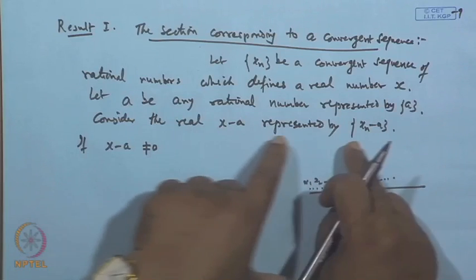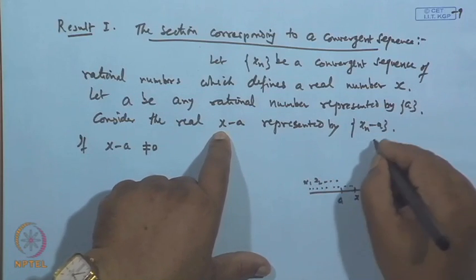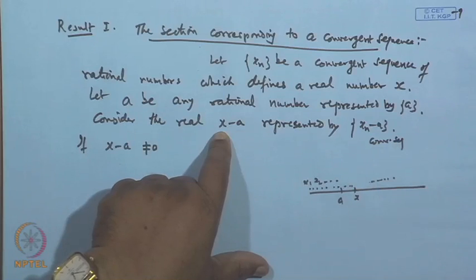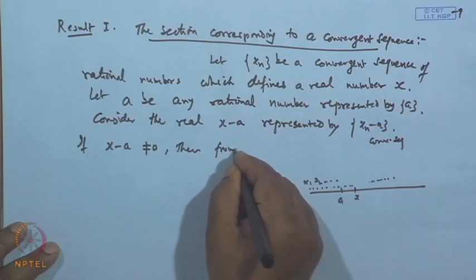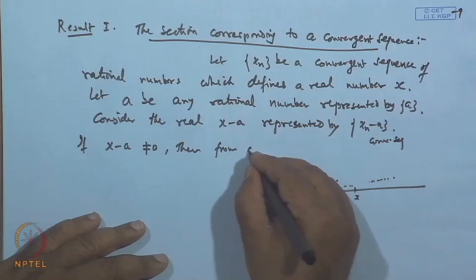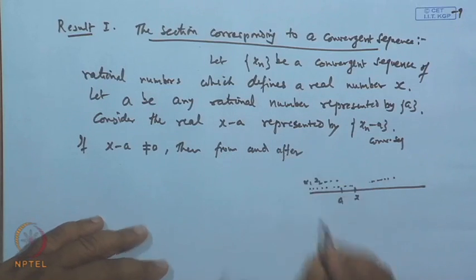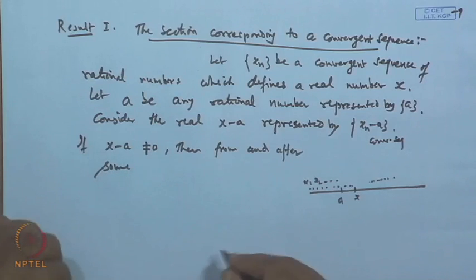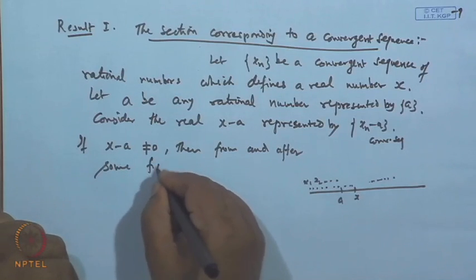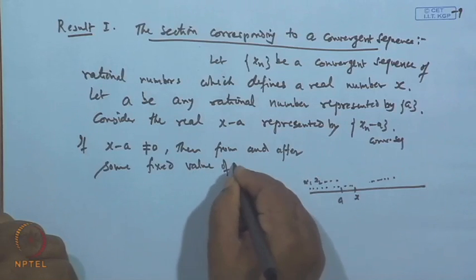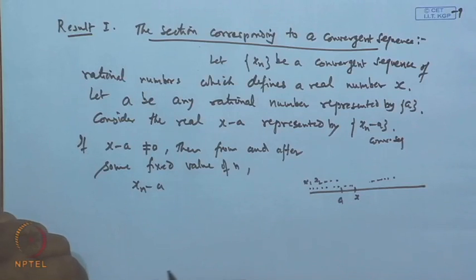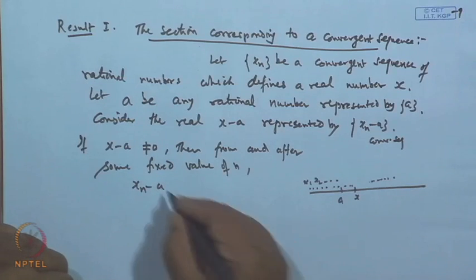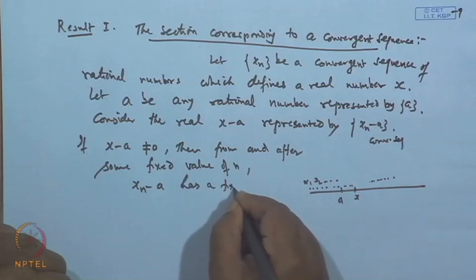It is a convergent sequence, obviously, because x n minus a represents the number x minus a, which is convergent. So, from n after some fixed values of n, x n minus a has a fixed sign, is it not?